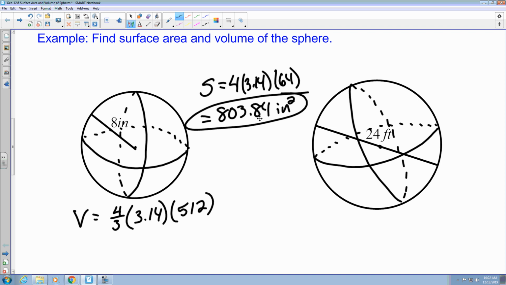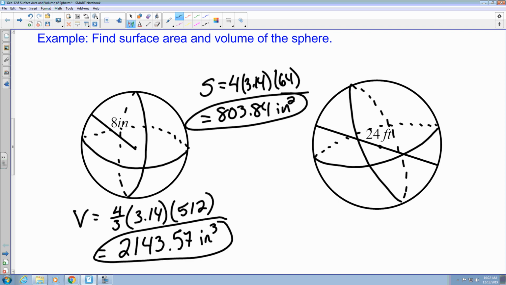Let's see here. Yeah, I get a result of 2,143.57 cubic inches.